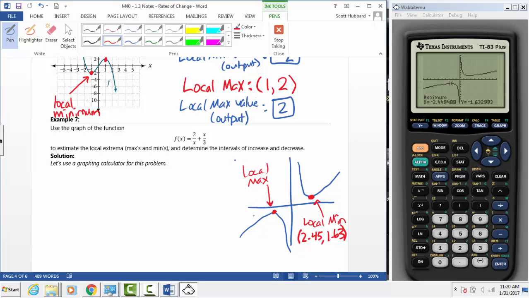And these arrows right here kind of help you. And it looks like the max is right here. So it looks like that is going to be negative 2.45, sorry, comma, negative 1.63.